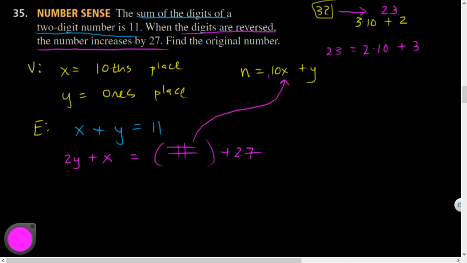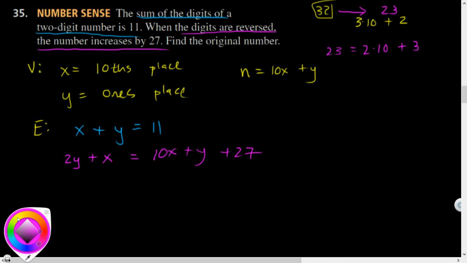This part here. So I'm going to say this is the same as 10x plus y. That's my original number plus 27. 27 more than the original gives me the reversed digits. This is scary, guys.